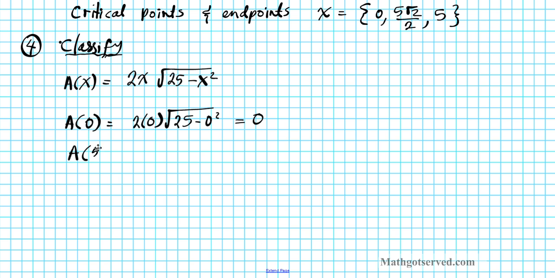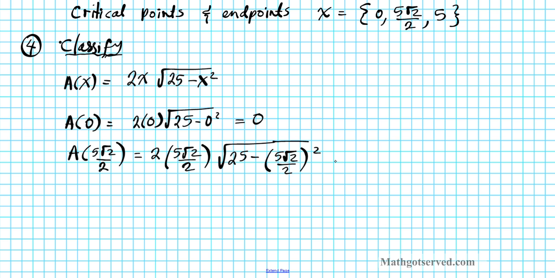A of 5 root 2 over 2 is going to give us 2 times 5 root 2 over 2 times the square root of 25 minus 5 root 2 over 2, quantity squared. All right. If we simplify this, 2 goes here 1, 2 goes here 1, we have 5 root 2.